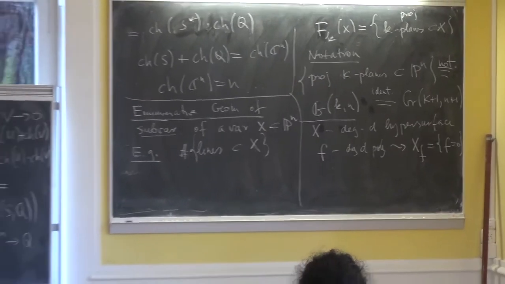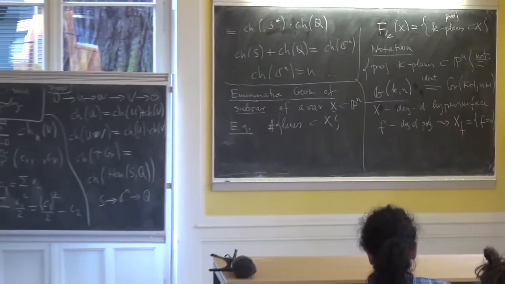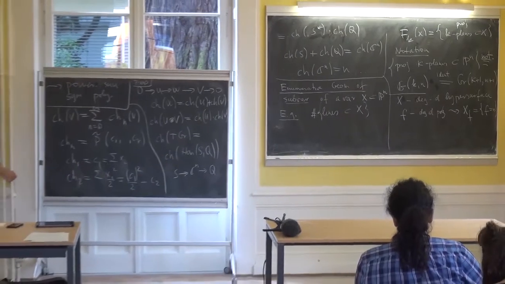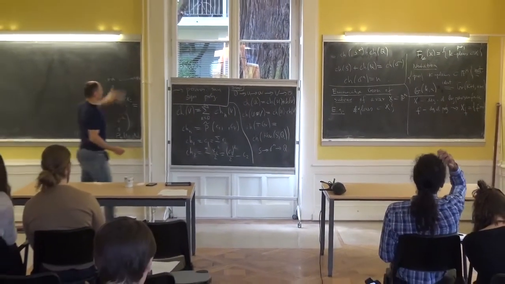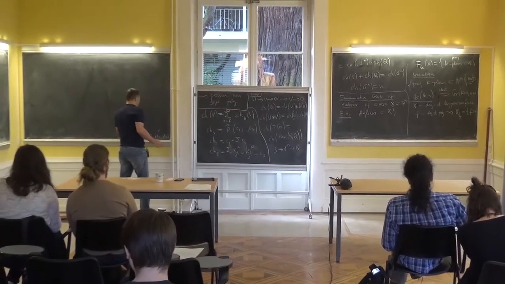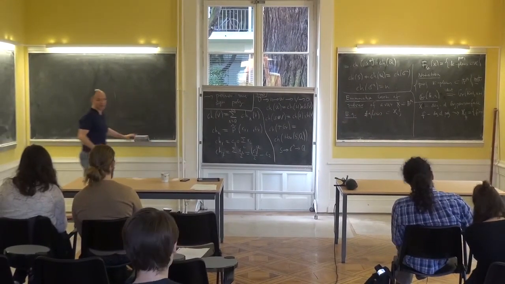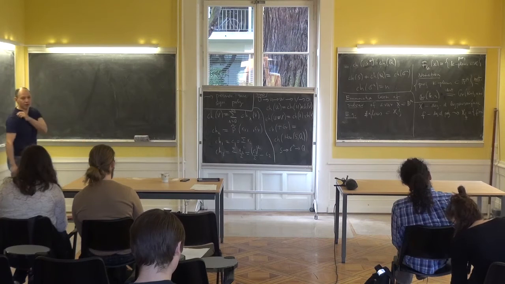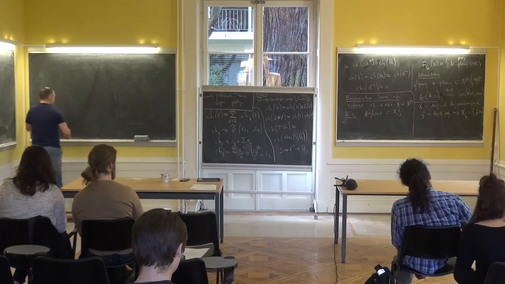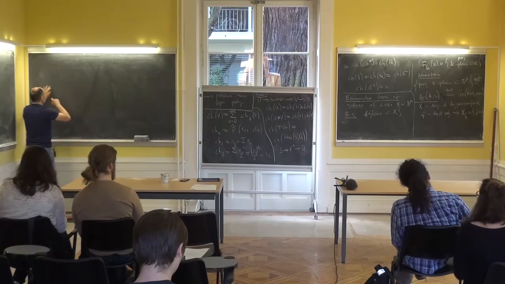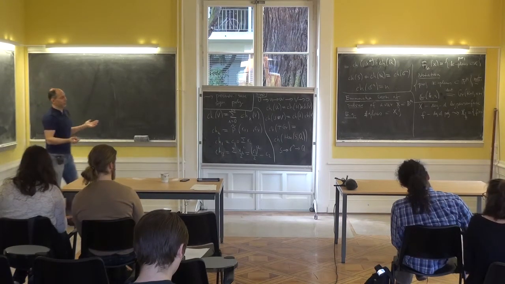And this is the lucky part that you need to remember, because this will be difficult in varieties of codimension higher than 1. It's just the codimension 1 situation, which is easy. This is the situation where it's easy to describe all the hypersurfaces.